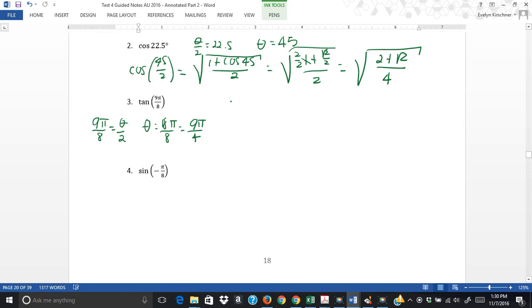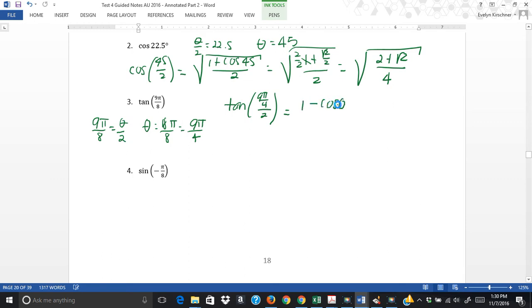So I want to know what is the tangent of 9 pi over 4 divided by 2. We're going to use one of the other ones. I'm going to use 1 minus cosine theta over sine theta, or 1 minus the cosine of 9 pi over 4 over sine of 9 pi over 4.